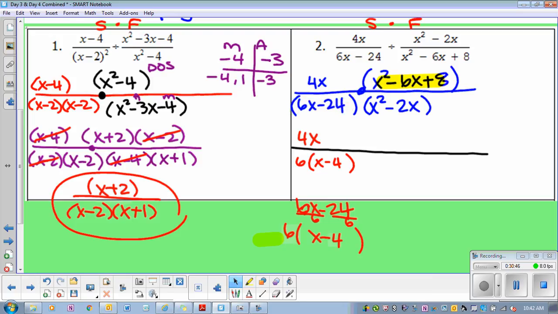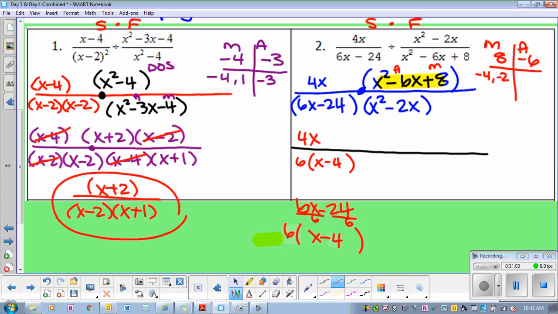Now back up here for an AM. Two numbers I multiply to give me 8 and add to give me negative 6. What are they? Good. Negative 4, negative 2. So then that's x minus 4, x minus 2.